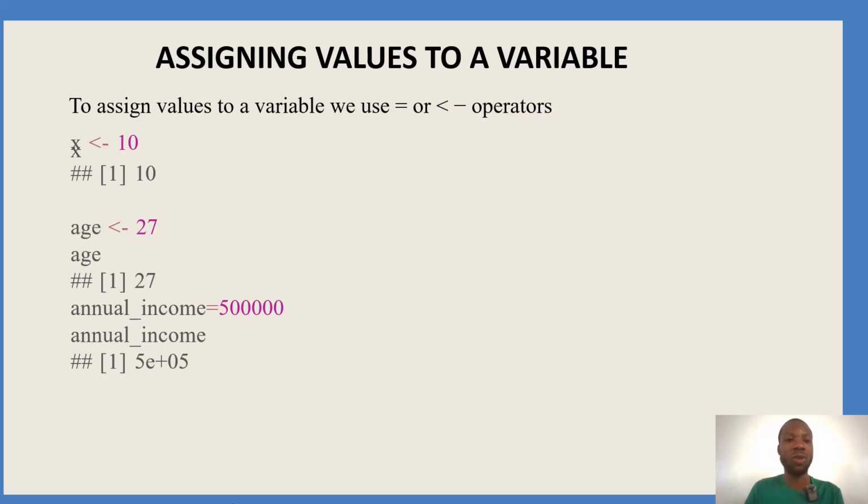It will depend on what is easier for you. So we generate an object called x and assign it equal to 10. Again we create a variable called age and assign it 27, and annual income.